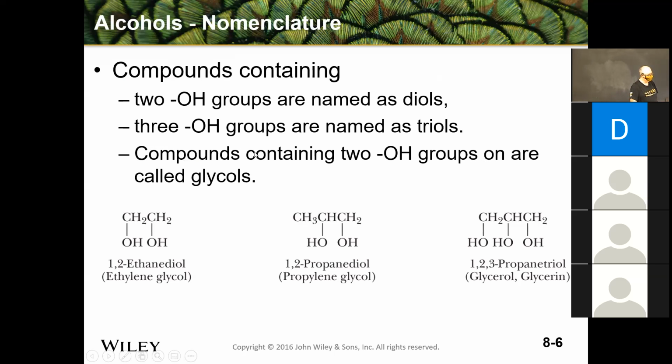It says compounds containing 2 OH groups on adjacent carbons are called glycols. We're going to talk later about something called a gemdiol, where we have 2 alcohols on the same carbon, but this is commonly called a glycol.